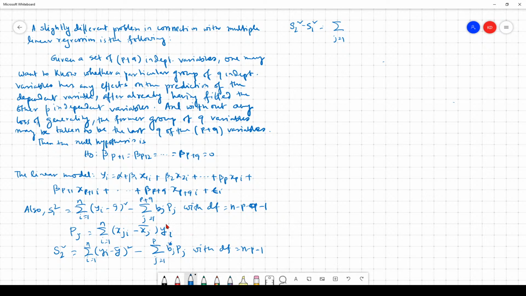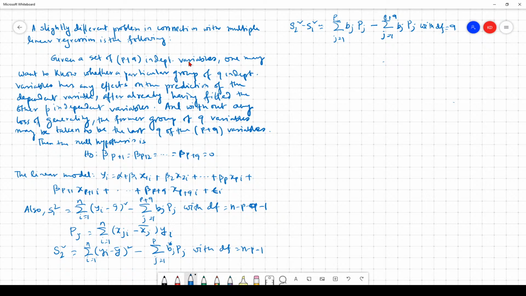So this is equal to the sum over j from 1 to p of b j star P j, minus the sum over j from 1 to p plus q of b j P j, with degrees of freedom equal to q.